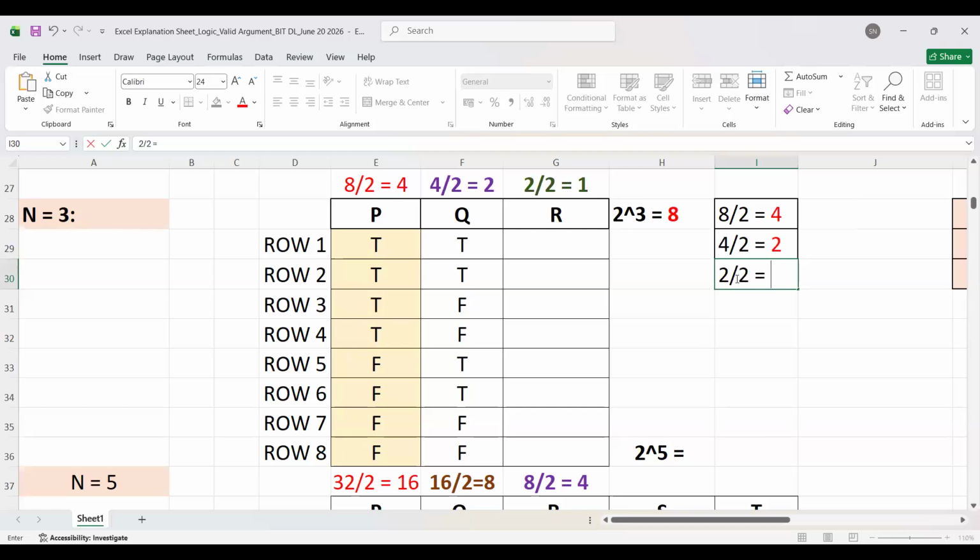The result is the way we are going to share the last one. We get 1. So out of these 8 rows, you share the true or false one at a time. That gives you true, false, true, false, true, false. Okay, great. I'm glad we are all getting this.